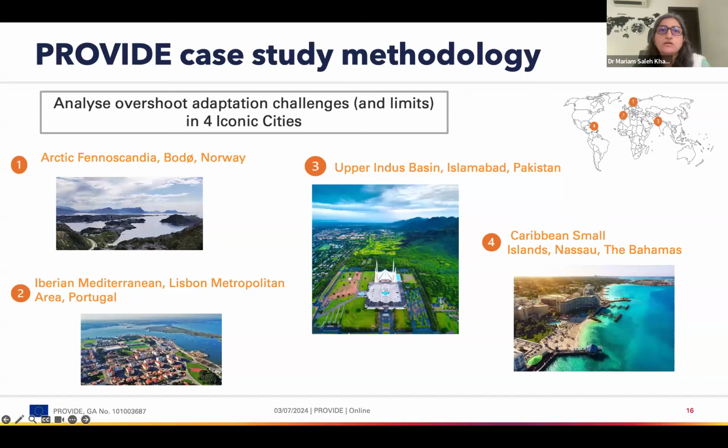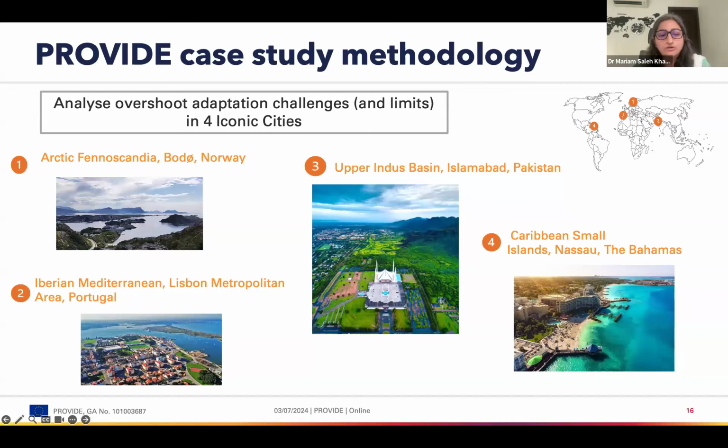In this project, we selected 4 iconic regions because of their diverse climatic settings and one iconic city from each of the regions to study impacts of overshoot climate on the urban scale. As you can see here in the slide, the regions selected were the Arctic region, and the city of Bodo was selected from Norway.